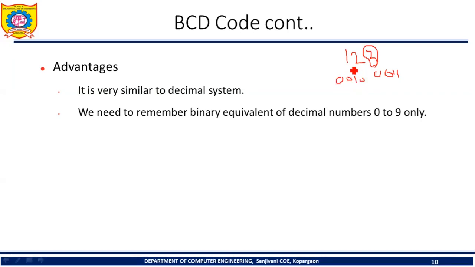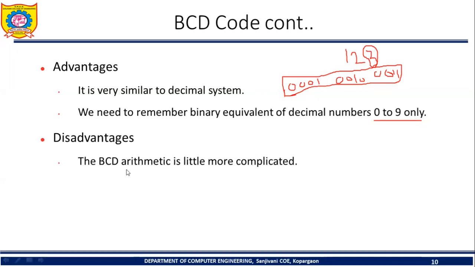Then take the next digit 1, and represent that 1 again using 4 bits. That is 0001. So this is the BCD equivalent of 123. If you understood this process, then you can say that in order to represent any decimal number in BCD form, we must know the binary equivalent of only these 10 digits.